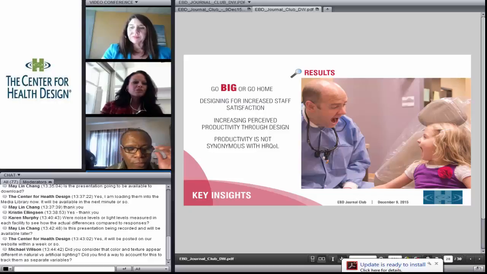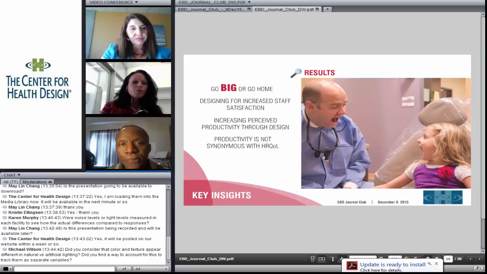And so the top three things that we can tell from this study, in regards to designing for staff satisfaction, would be number one, natural light. And I think we have plenty of evidence that supports that as well. Color, texture, and finishes, and ease of communication with colleagues.